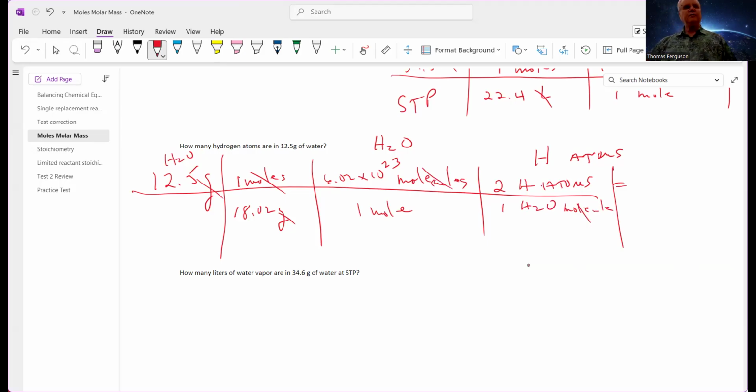Now, frequently, I will give you one of these on a test, test 3. Half of you will miss this problem. Half of you will calculate molecules. I've been giving these problems for decades, and that's typically what happens. So read the problem carefully.